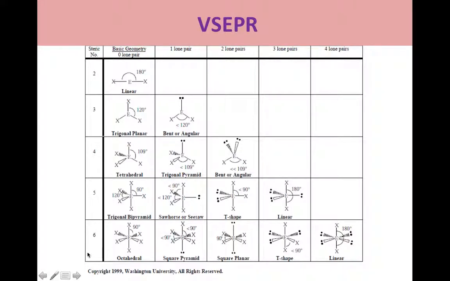And here are more. So octahedral has plenty more. Again, you can have a T shape, or you can have a linear shape, or you can have a square planar. So here you have, again, that 90-degree angle.